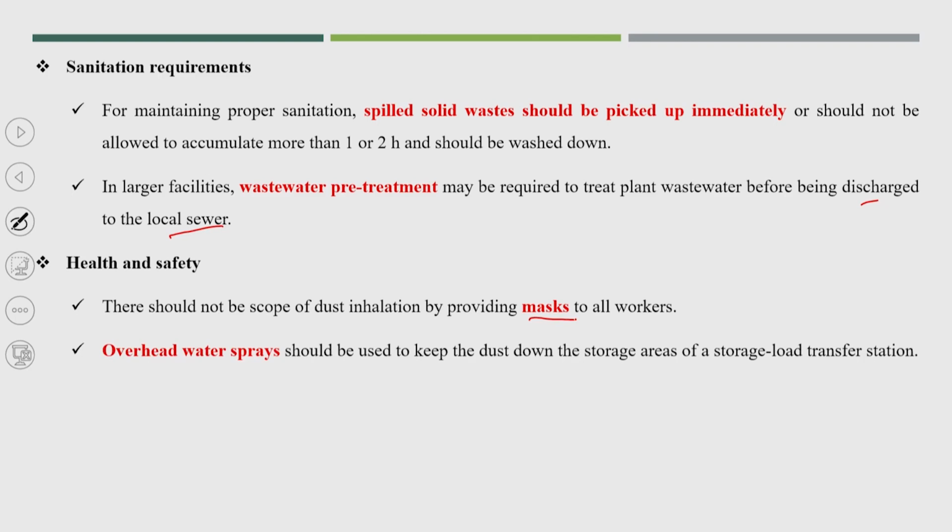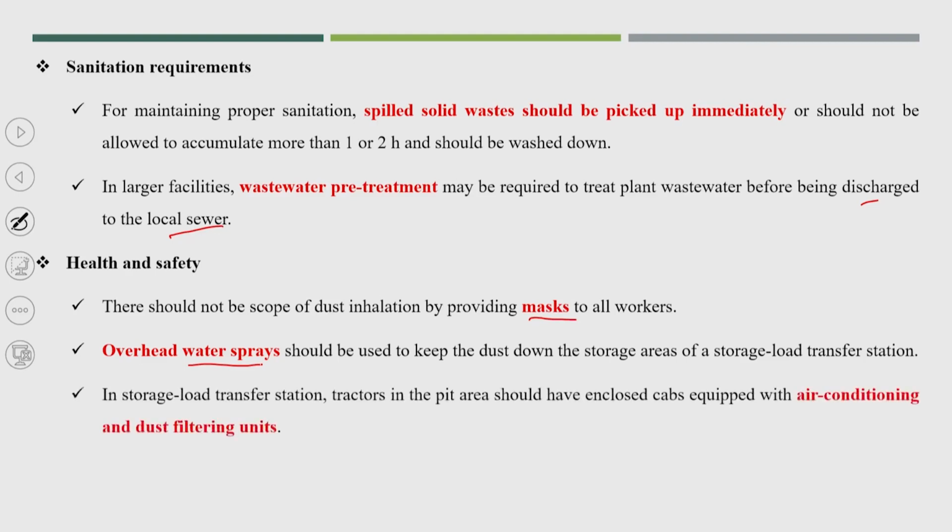Overhead water spray should be used to keep the dust down in the storage area of the transfer station. So, obviously, this facility, a water spray to keep the dust down, could also be provided. In the storage load operation, tractors in the pit area should have enclosed cabs equipped with air conditioning and dust filtering units.